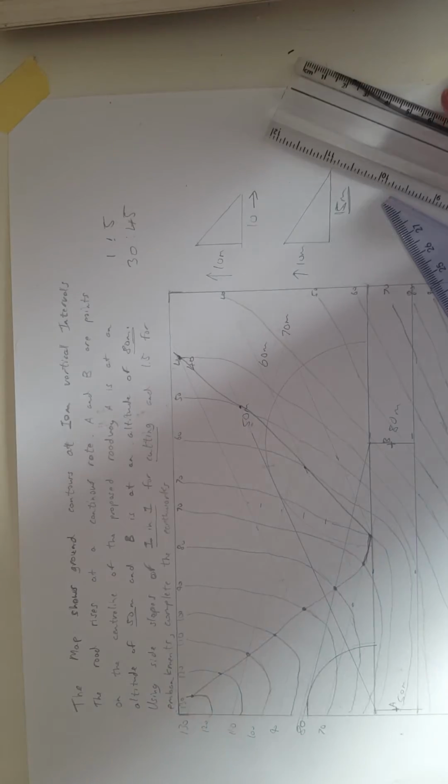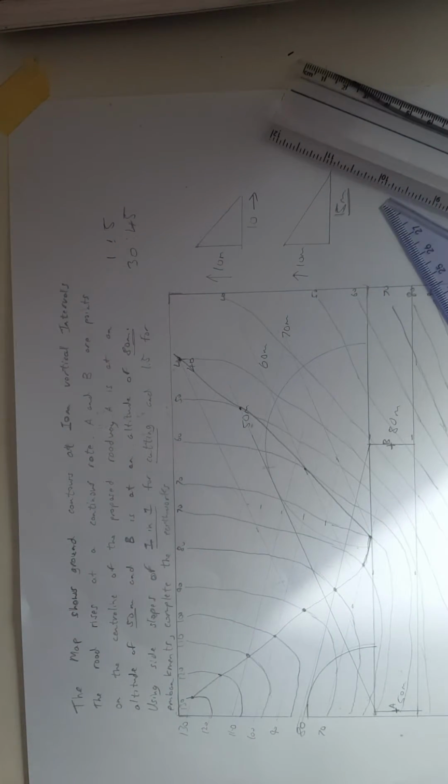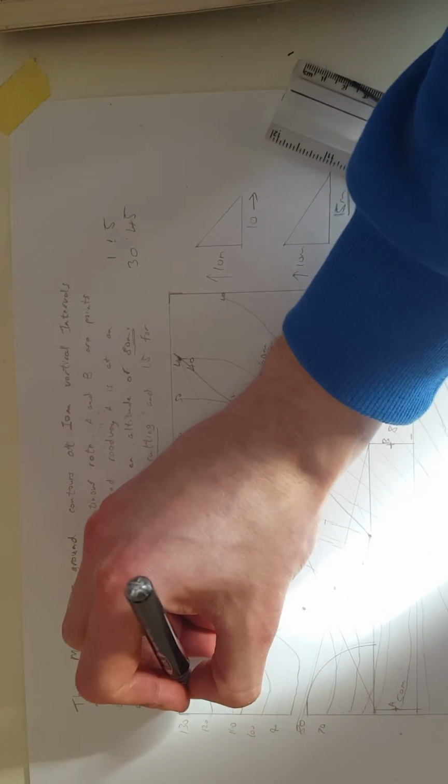Okay, so this here is our two lines. I'll highlight them here to make it easier to see. And we'll put in our points.